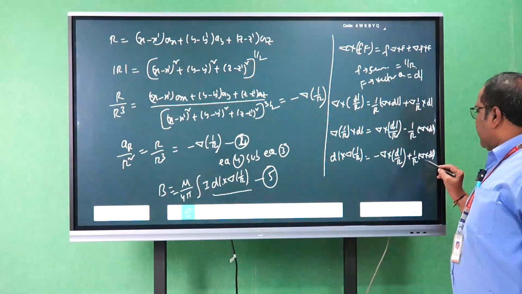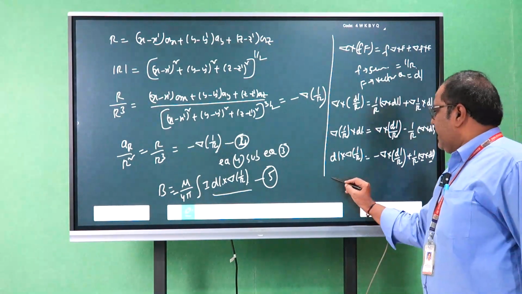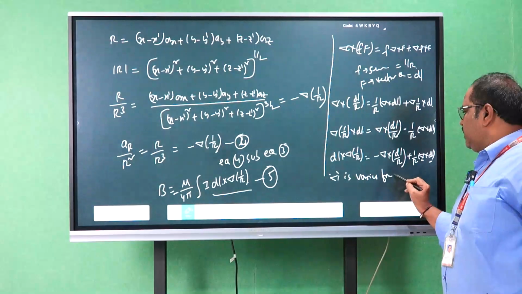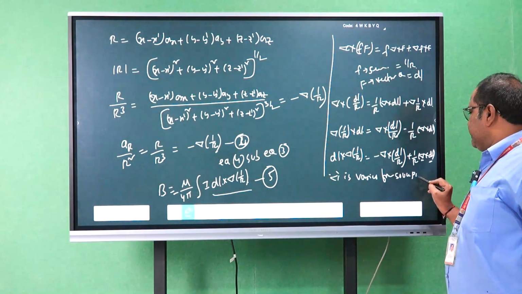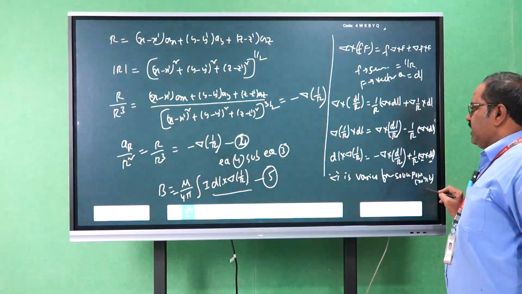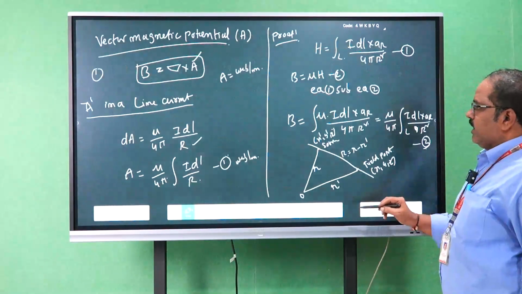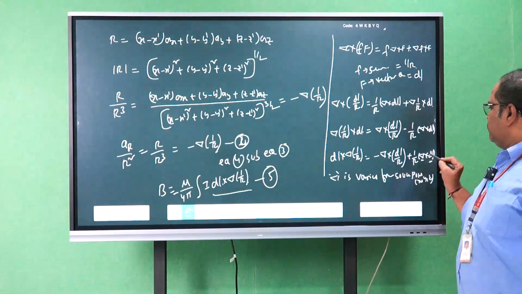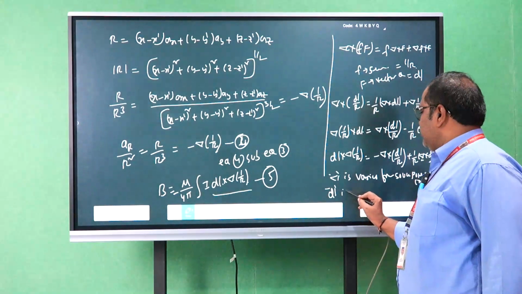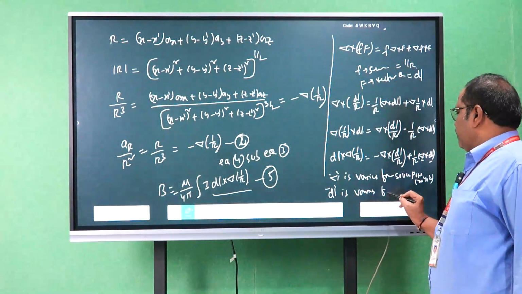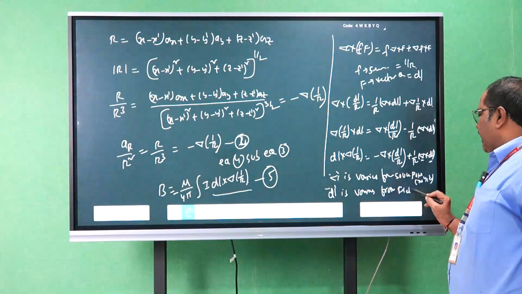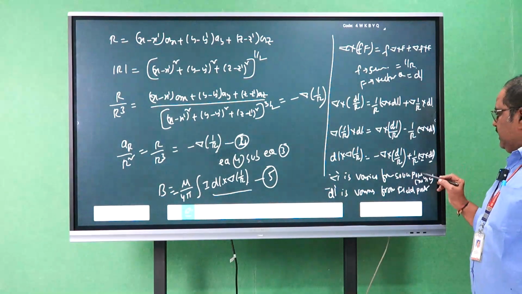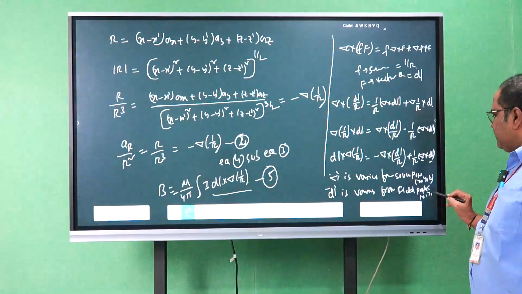But in this one, del cross dl, where del varies from a source point x, y, z, and dl is a vector field that varies from a field point x dash, y dash, z dash.